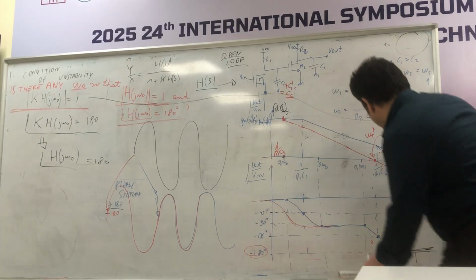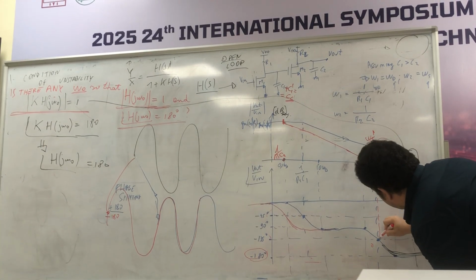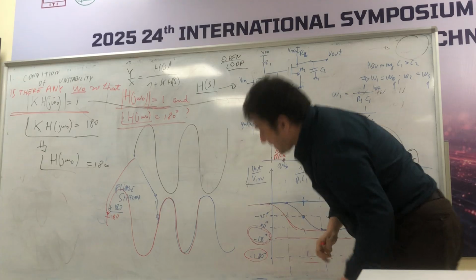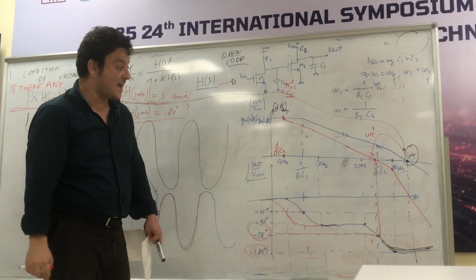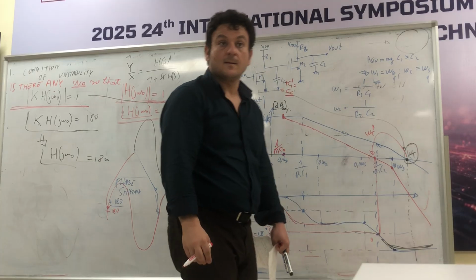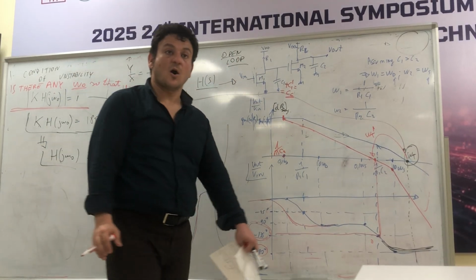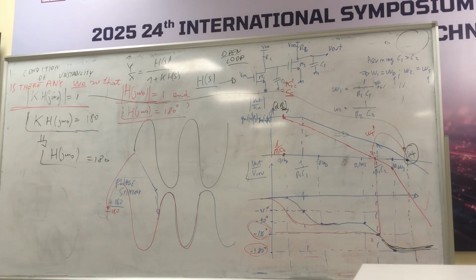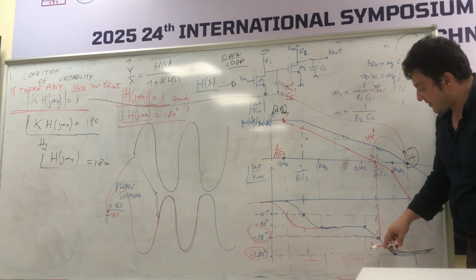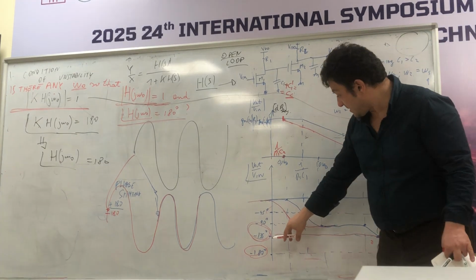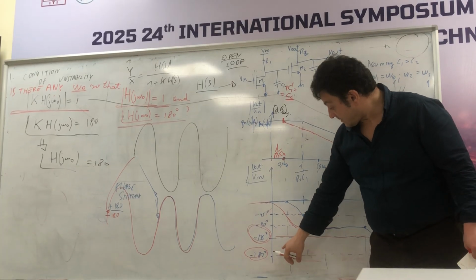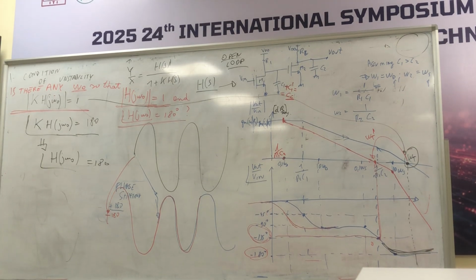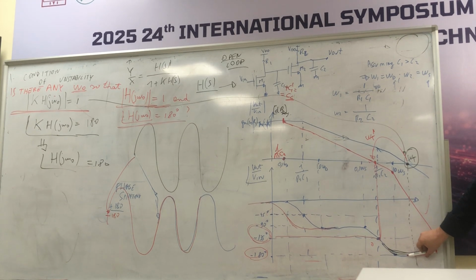has a phase that is far from 180. Okay? So, being the frequency for which I have a phase far from 180 makes our system more stable. Okay? This is the kind of line of instability. Okay?